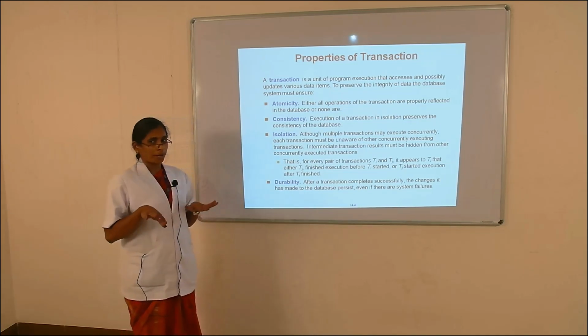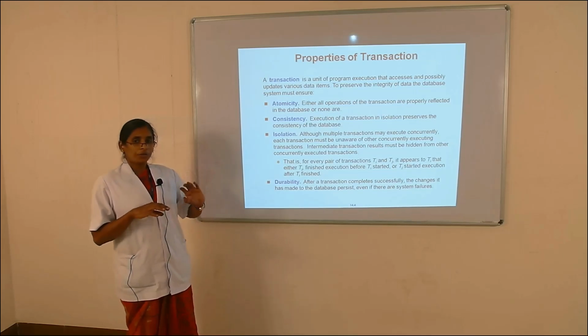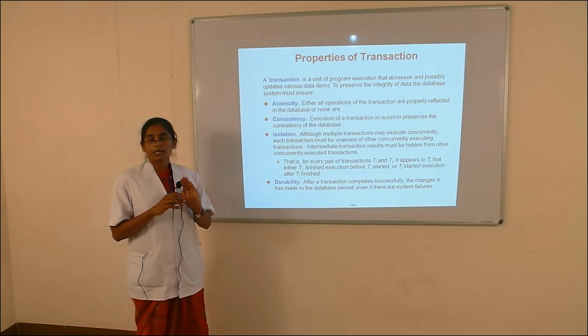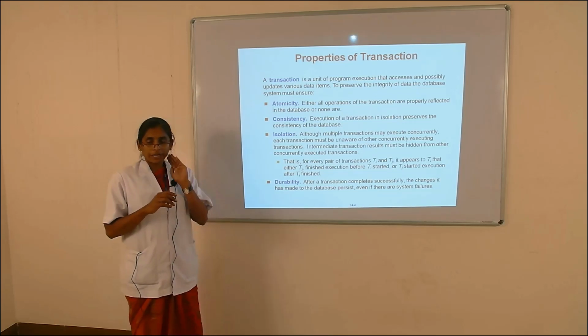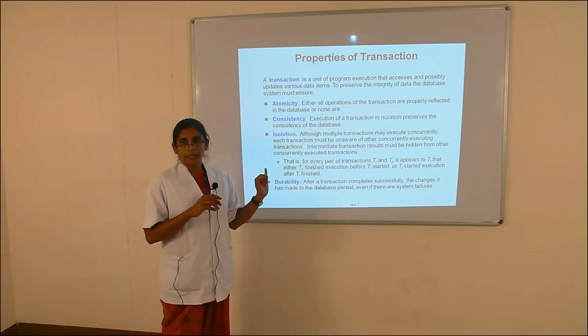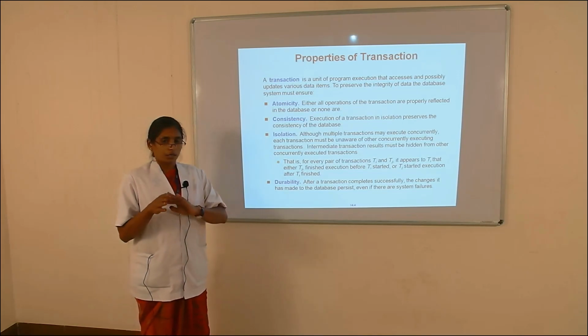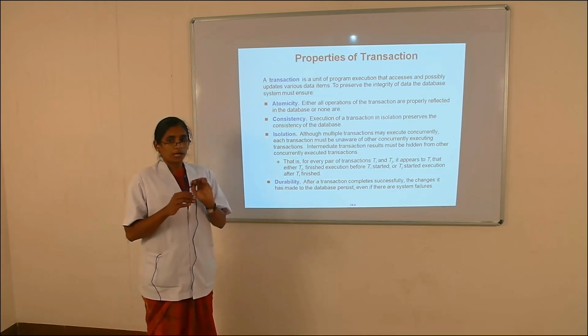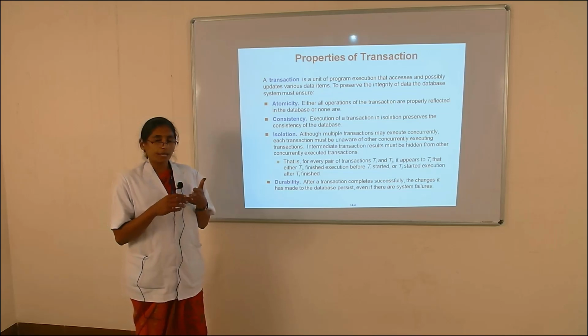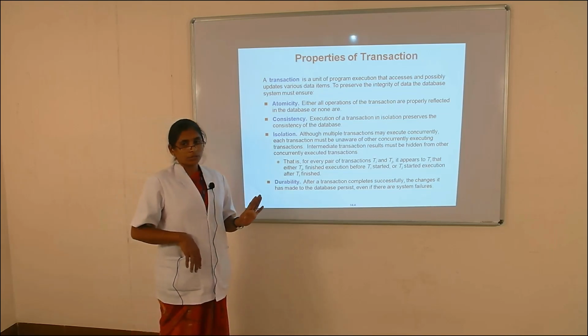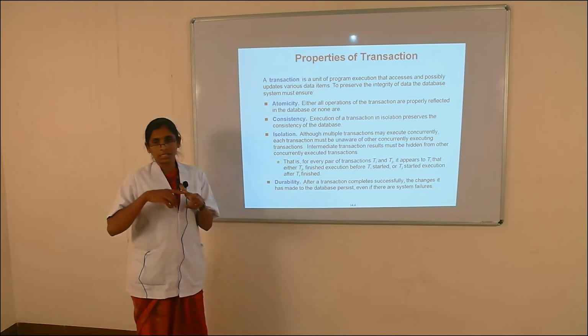We have to avoid all these things, so we have a first property, that is atomicity. Every transaction has to complete fully, or we have to roll back everything. Okay. So we are not going to have any updation on our database if the transaction is not completed.